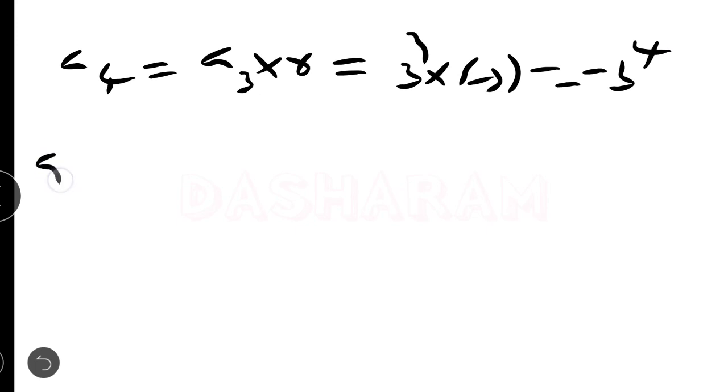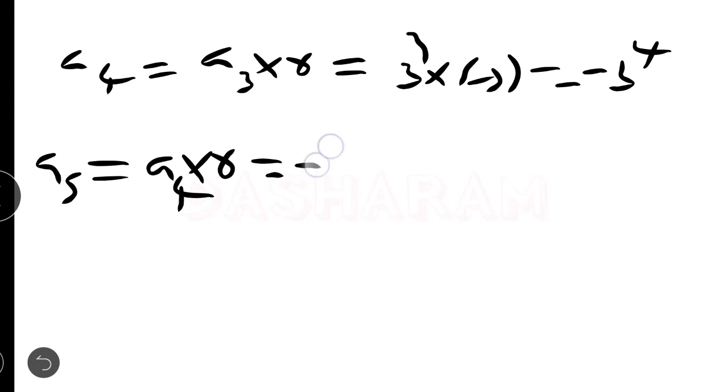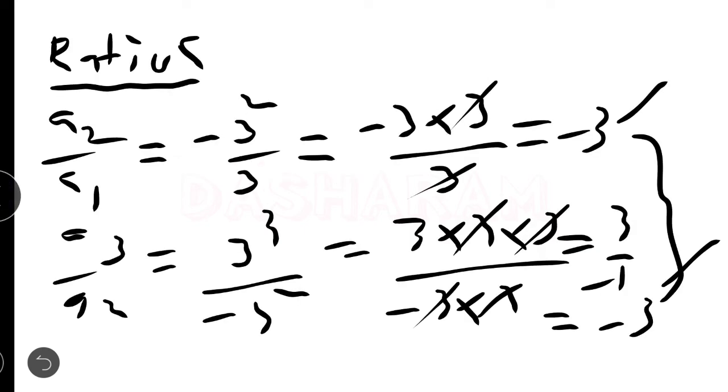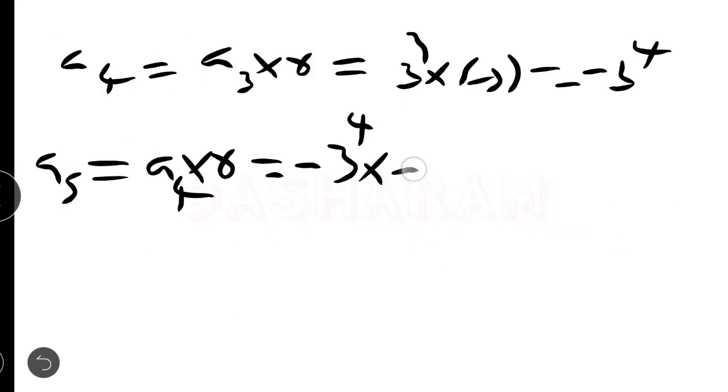Next A5. A5 means the preceding term A4 multiplied by the fixed number, that is R. The A4 value we already found, that is minus 3 to the power of 4. Observe carefully, the power 4 is only for 3, not for the minus, into the common ratio. What is the common ratio? Minus 3. Okay, so here minus into minus is plus, 3 into 3 to the power of 4 is 3 to the power of 5.